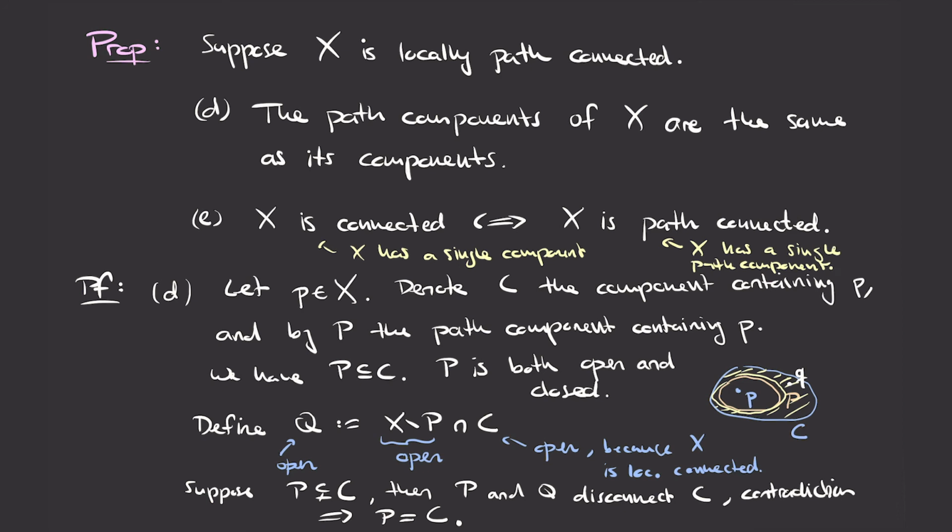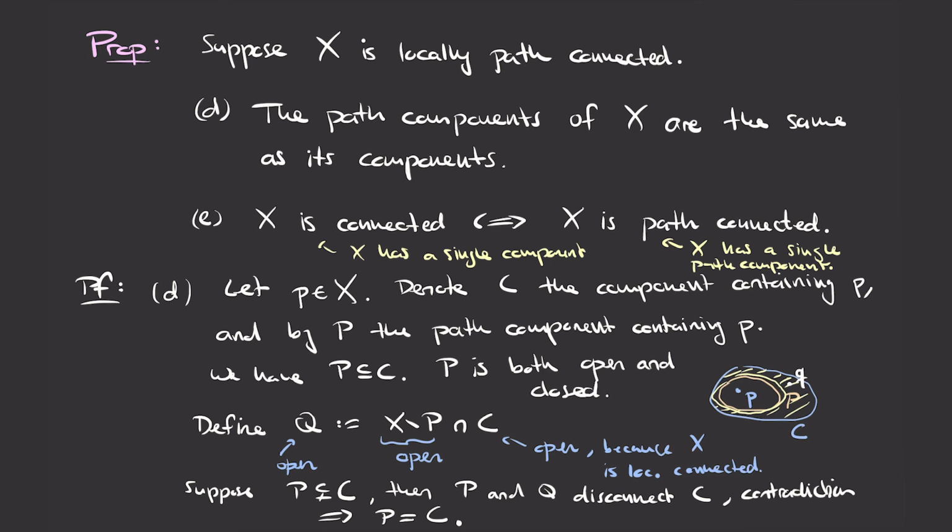And now, because we know that components are the same as path components whenever X is locally path-connected, it means that X will have a single component if and only if it has a single path component. And so this shows that X is connected if and only if X is path-connected, provided that X is a locally path-connected space.